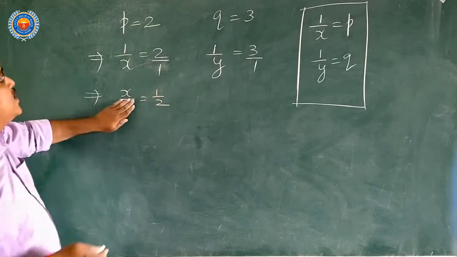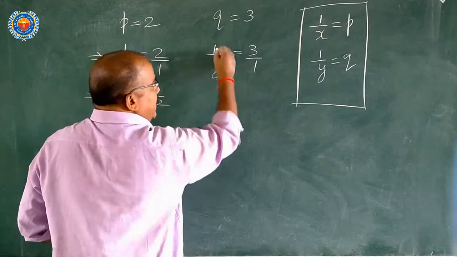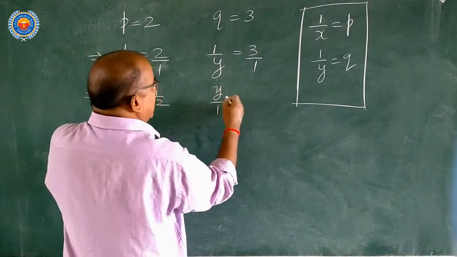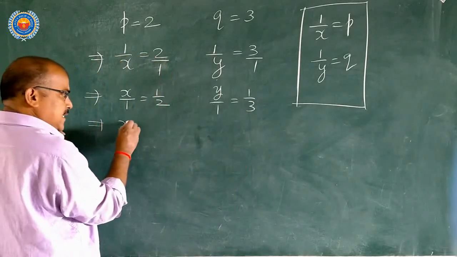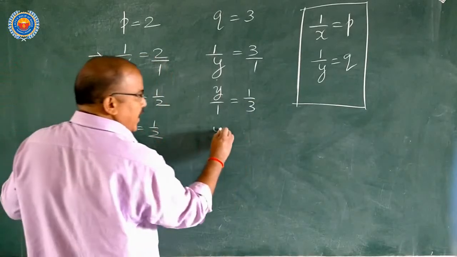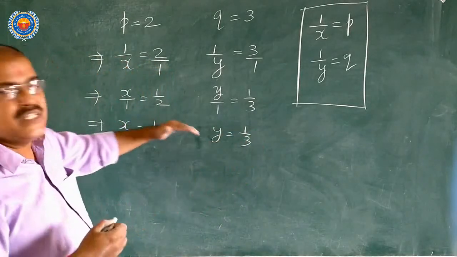That is nothing but x is equal to 1 by 2. Here also y by 1 is equal to 1 by 3. So x is equal to 1 by 2 and y is equal to 1 by 3.